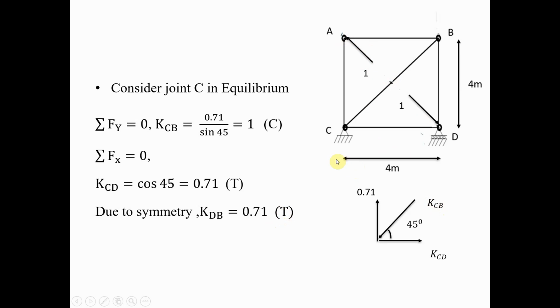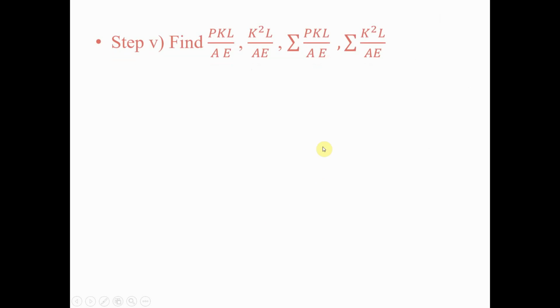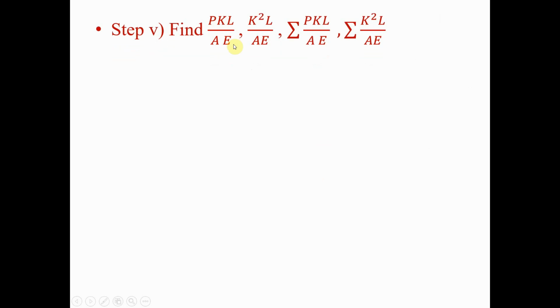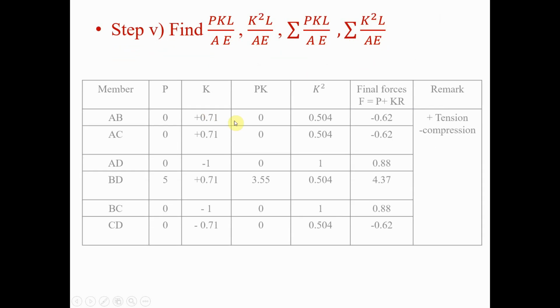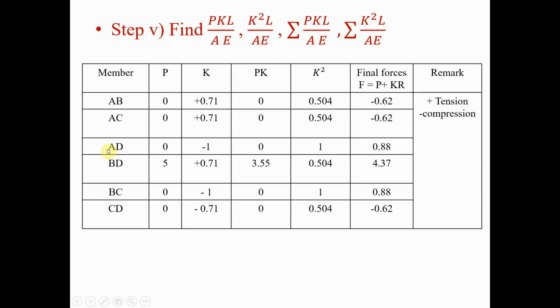Now to find out the effect of all the members and the redundant force, we have to find PKL upon AE, K square L upon AE, and the summation of PKL upon AE and the summation of K square L upon AE for every member. For this purpose, in the analysis steps, you have to make a table like this.